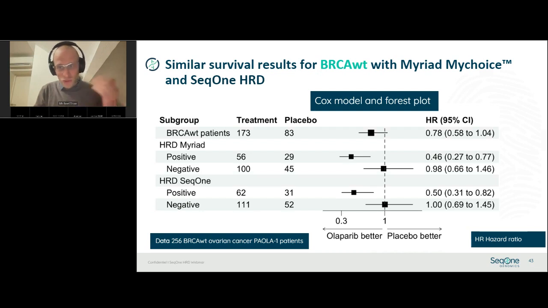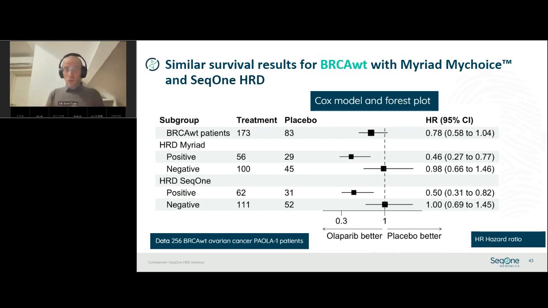Whereas being in the olaparib arm is advantageous when the patient is HRD positive, with a hazard ratio between 0.45 and 0.50. And the same advantage whether we consider Myriad or SeqOne to form the HRD subgroup. So same result as before, but this time for the BRCA wild-type patients.